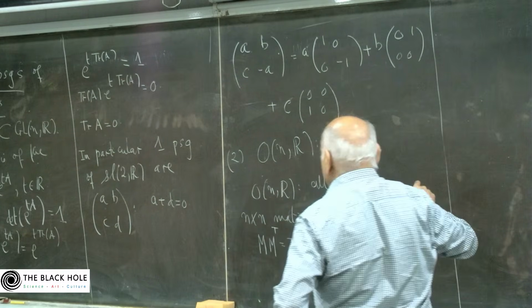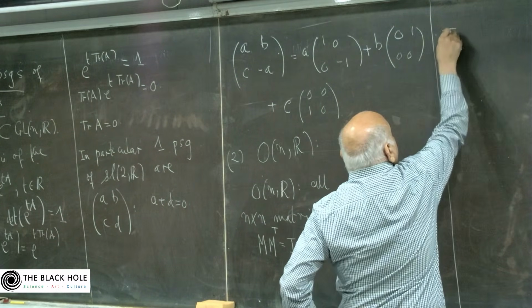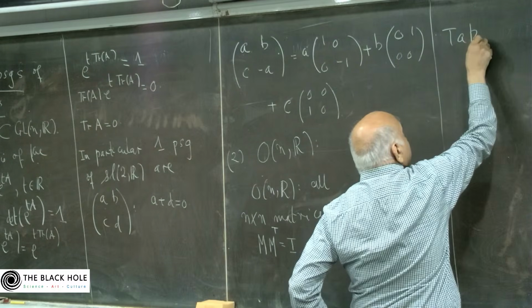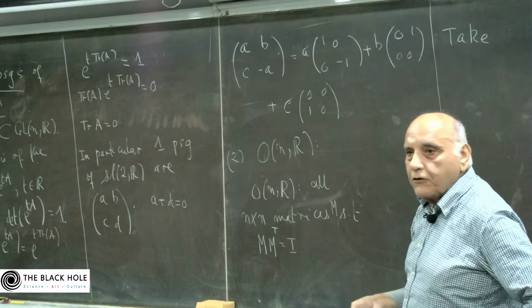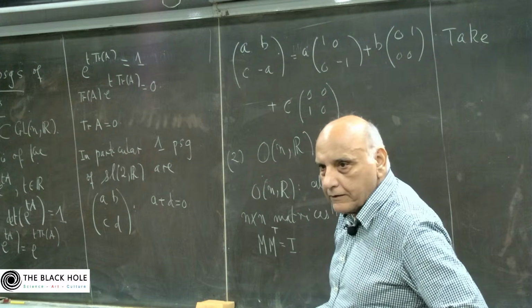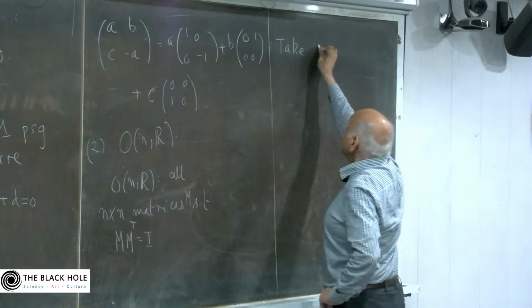So take a one parameter subgroup. Because this sits inside GLnR, it has to be of the form e to the power of tA, right?